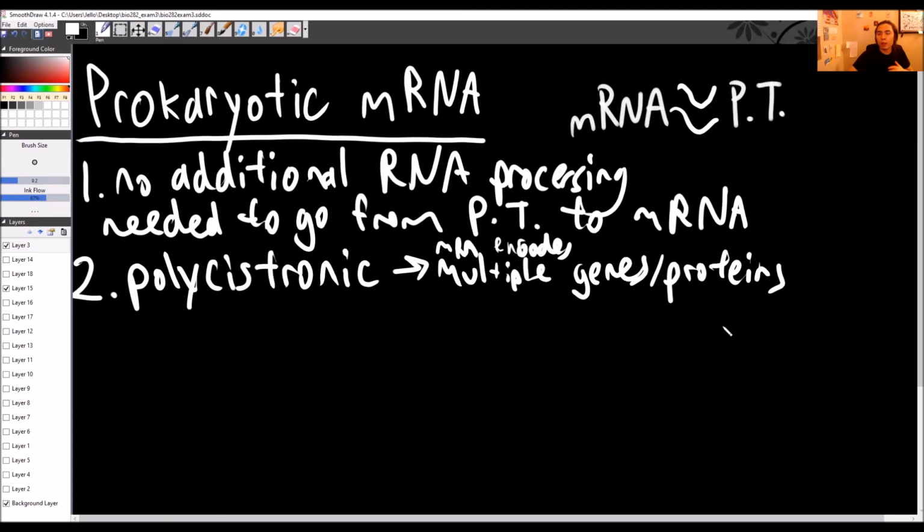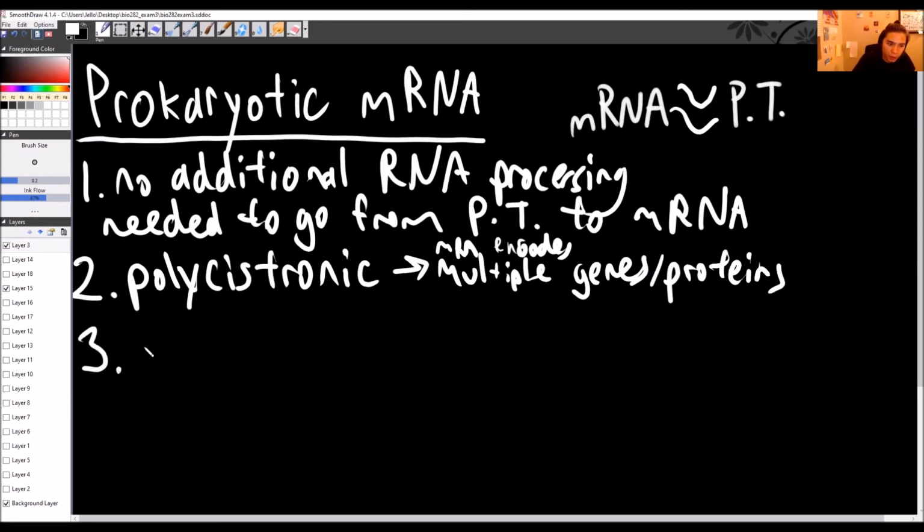Generally, the mRNA produced from eukaryotes is monocistronic, meaning it only encodes one gene, and that means that they only produce one protein from the mRNA. But a lot of prokaryotic mRNA is polycistronic, meaning that multiple proteins are produced from a single mRNA.